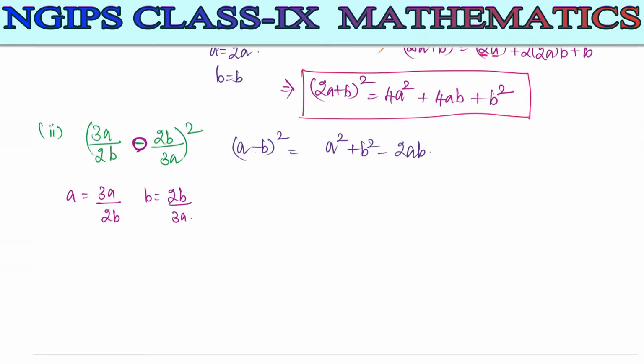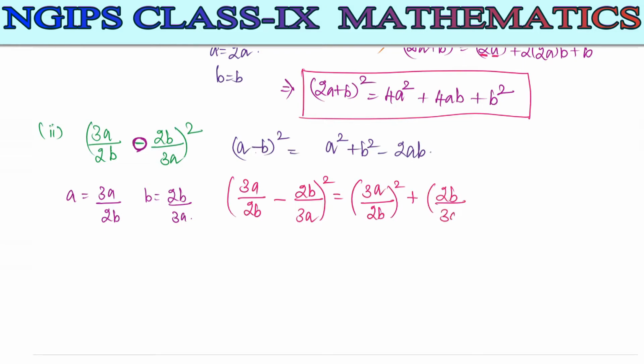So in the place of a we need to take its value, and in the place of b we need to take its value. Now I am going to substitute the values here. a is 3a by 2b minus b is 2b divided by 3a whole square is equal to a, we have 3a divided by 2b whole square, plus b, we have 2b divided by 3a whole square, minus 2 into a, which is 3a divided by 2b, and b, which is 2b divided by 3a.